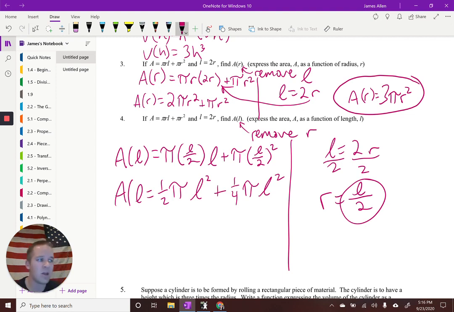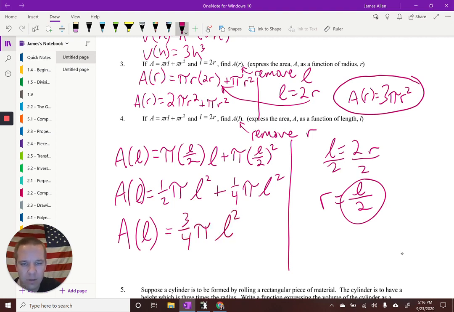And we can leave it like that. We could actually combine these because they are like terms. I missed a parenthesis there. My apologies. I keep almost forgetting parentheses here. I think it's the curviness of the L there that I already made a curve. All right. 1/2 and 1/4 would add up together to be 3/4 pi L squared.